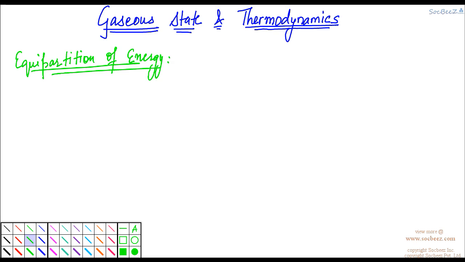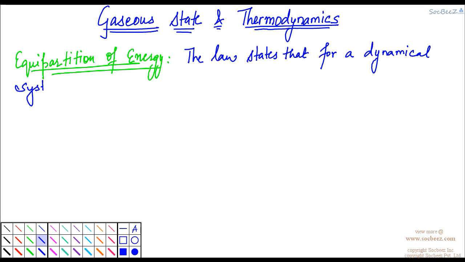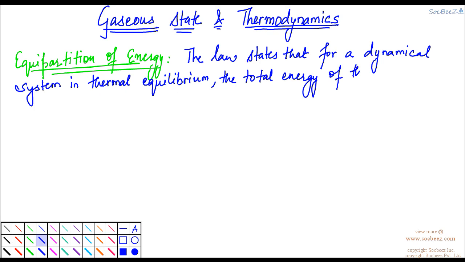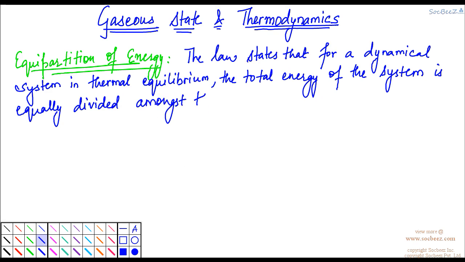Which says that it is nothing but the law states that for a dynamical system in thermal equilibrium, the total energy of the system is equally divided amongst the various degrees of freedom.